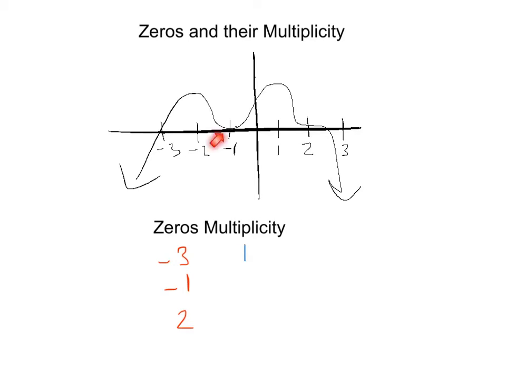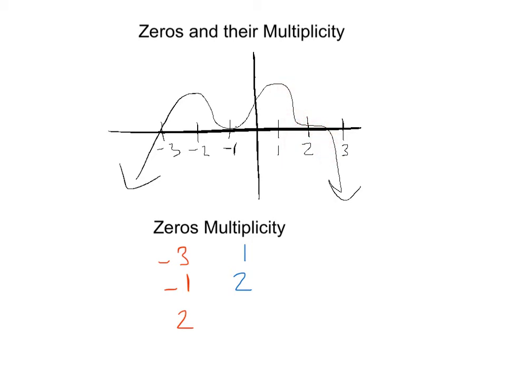If I look at x equals -1, it looks like a quadratic, like a parabola. It bounces off the axis there. So that's going to be a multiplicity of 2. In general, all we know is it's even. It could be 2, 4, 6, 8, but for our purposes, we're going to assume that it's 2. Finally, at x equals +2, it flattens out like a cubic function.